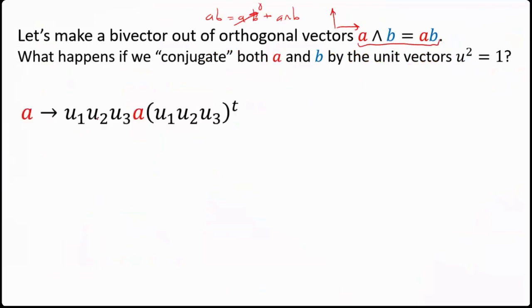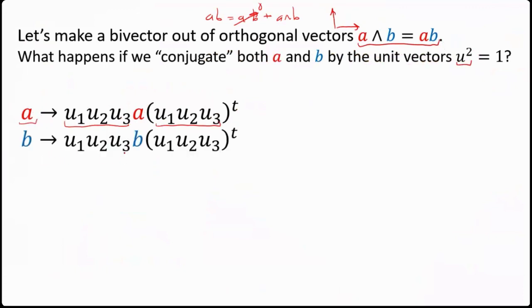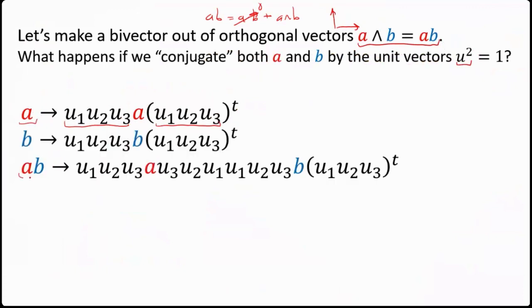Okay, I think I remember this. If these U's are all unit vectors, then multiplying them all together gives you another unit element. So I've conjugated A here, and then I can conjugate B. Now what happens if I conjugate A and then conjugate B?